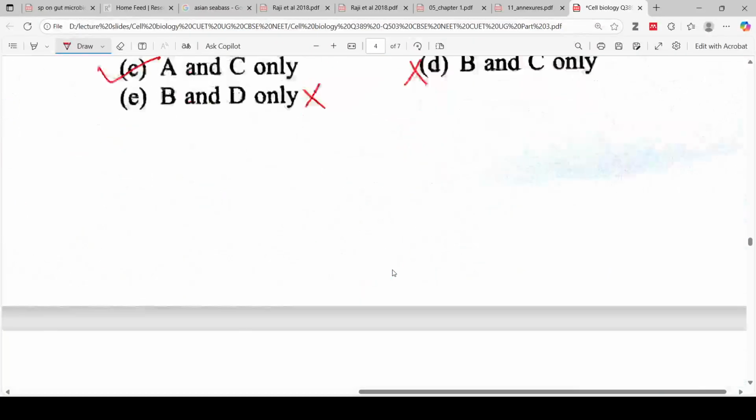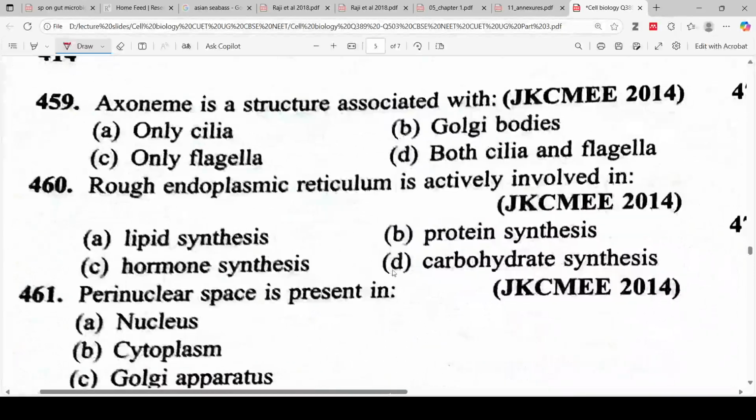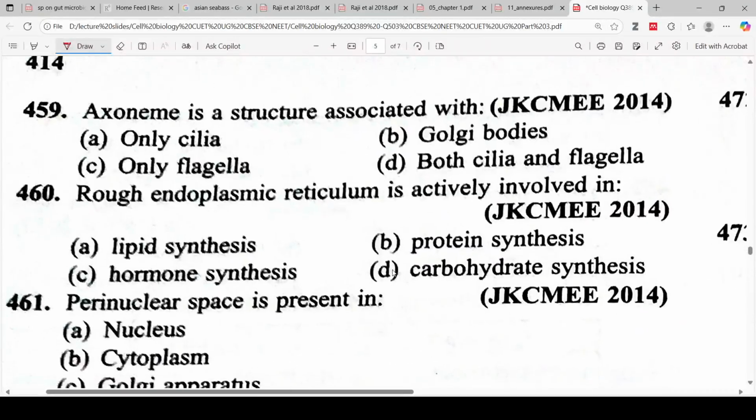Next question: axoneme is a structure associated with both cilia and flagella. Rough endoplasmic reticulum is actively involved in lipid synthesis, hormone synthesis, protein synthesis, and carbohydrate synthesis.